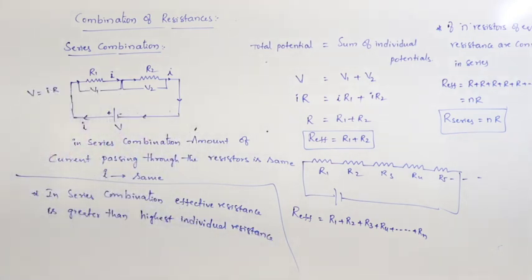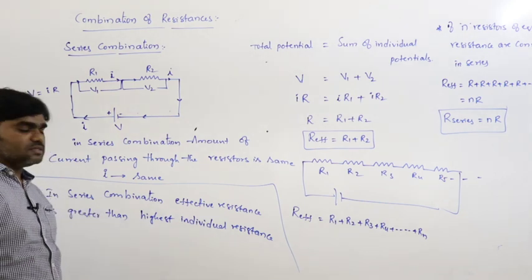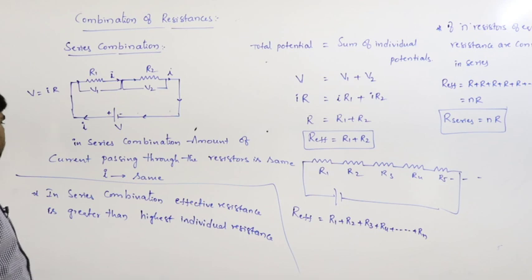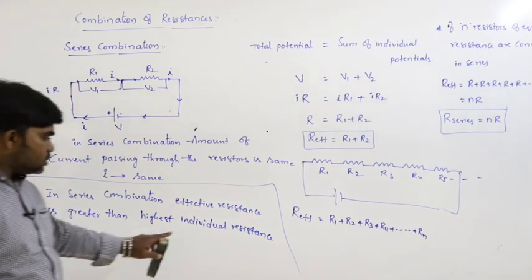In series combination, effective resistance is greater than highest individual resistance. So this is the situation in series combination. This will happen.